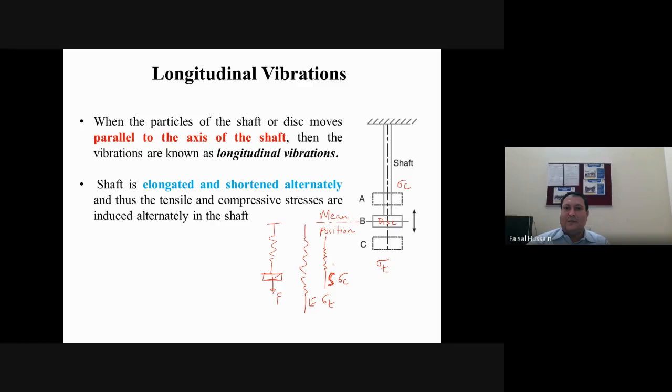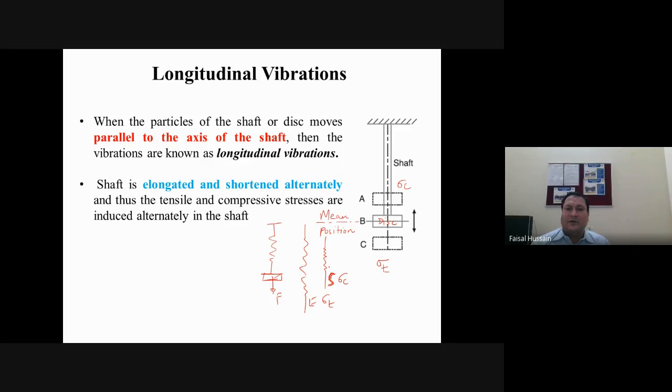In simple terms, I can define longitudinal vibration as a vibration where elongation and shortening of the system develop alternately, and thus stresses of tensile and compressive nature are induced in the system.